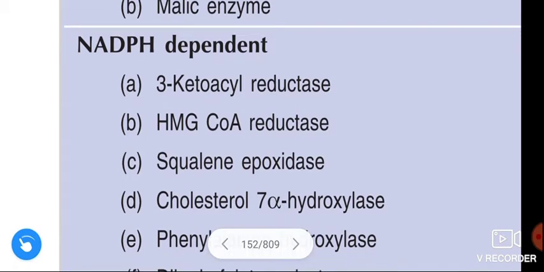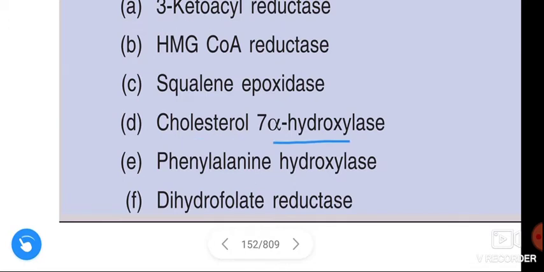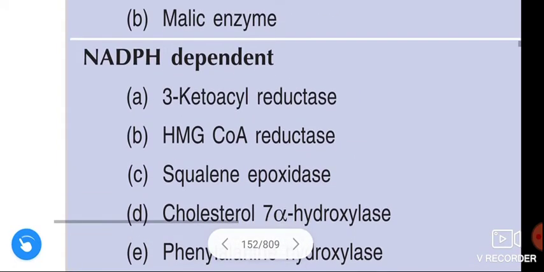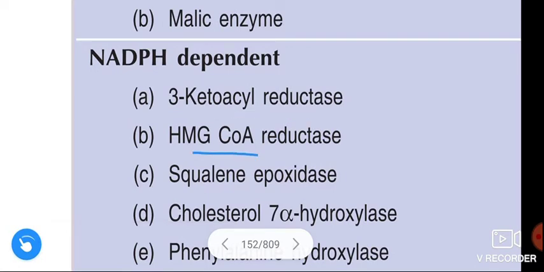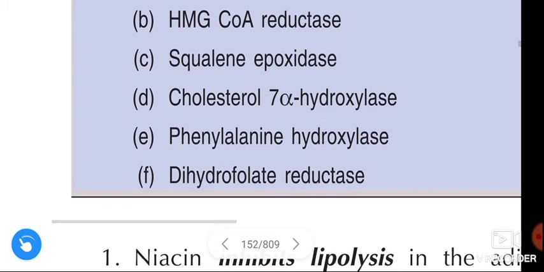See here one by one: 3-ketoacyl reductase, HMG-CoA reductase, squalene epoxidase, cholesterol 7-alpha hydroxylase, phenylalanine hydroxylase, dihydrofolate reductase.